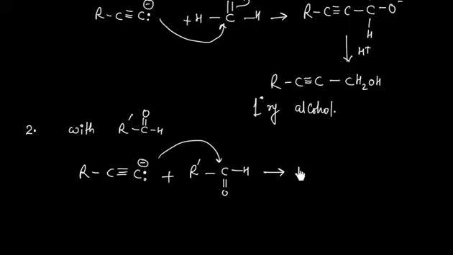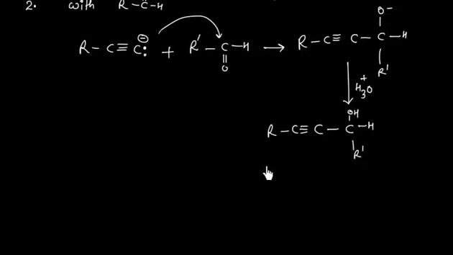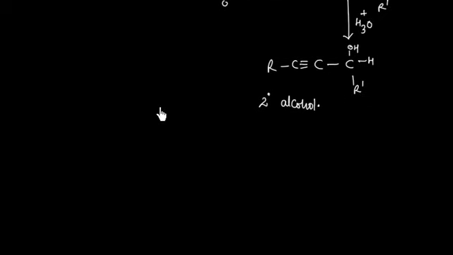First we will have addition product, and if this gets protonated, that is we require acid, we will have finally an alcohol, and this alcohol is 2 degree alcohol, that is secondary alcohol. So you see this carbon is attached to this carbon, and this side we also have a carbon.